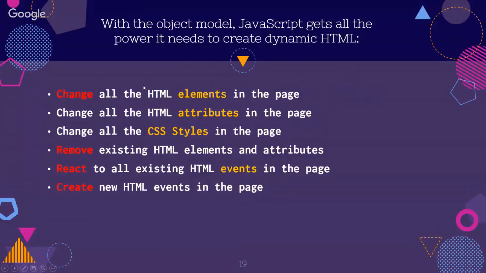So this essentially gives us the power to do anything we want to HTML elements. We can modify the styles, the attributes, the elements themselves, and react to events. Everything. So that's why JavaScript is so powerful when interacting with the DOM.